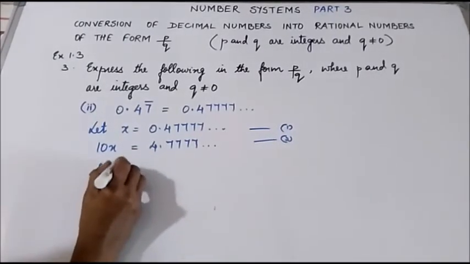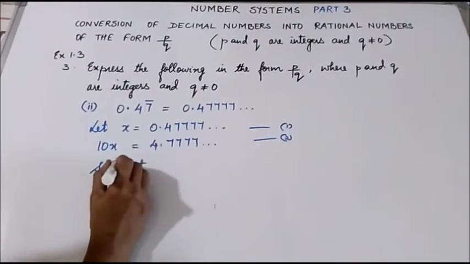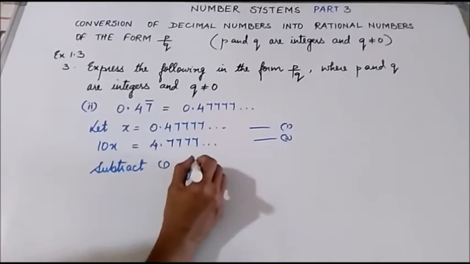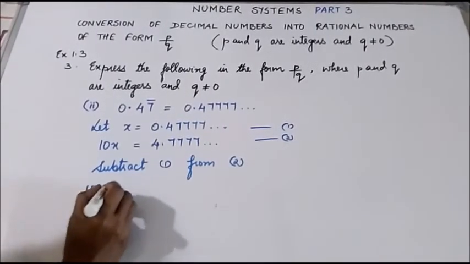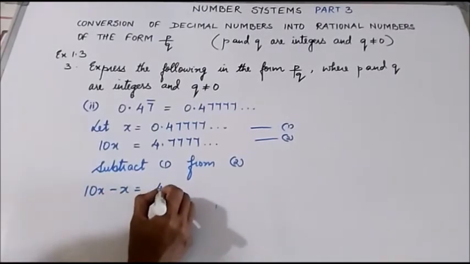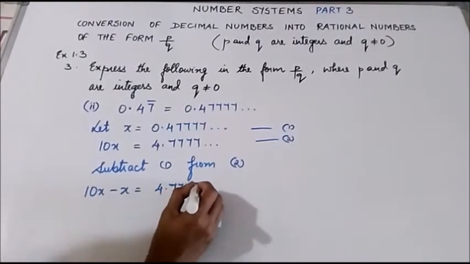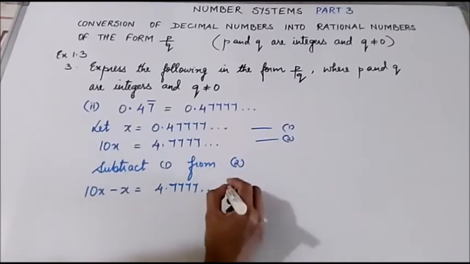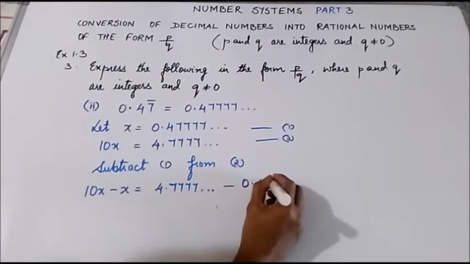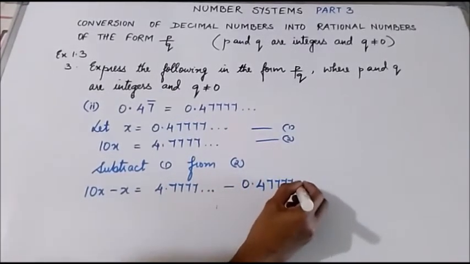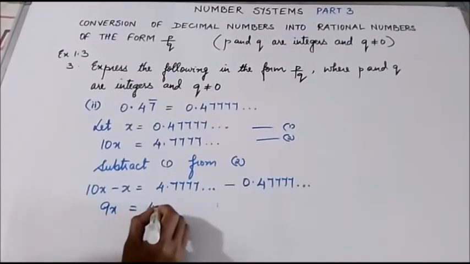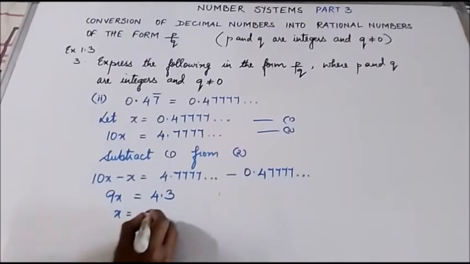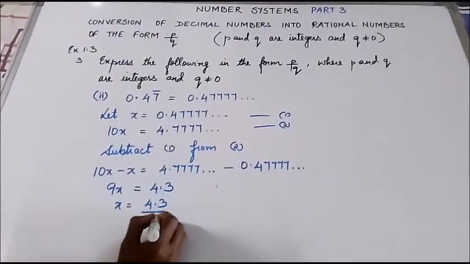Now we subtract 1 from 2. We get 10x minus x. Here we get 4.7777 minus 0.4777. This will give us 9x equal to 4.3. x equal to 4.3 divided by 9.